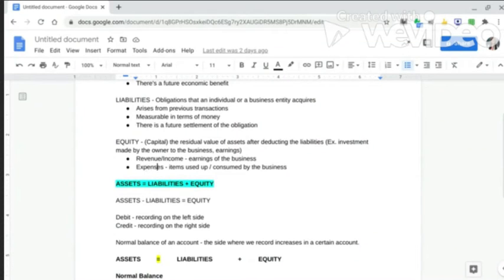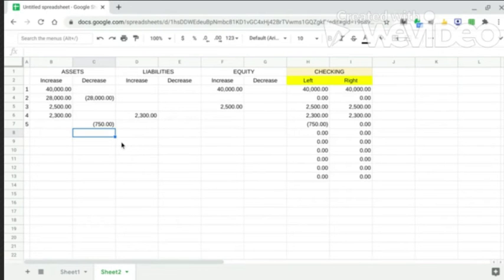And when the business incurs expenses, of course, mababawasan yung kita ni business. Which means, pag may expenses, si equity magdi-decrease. So, lalagay natin siya as decrease in equity. So, minus 750. So, check natin. Parehong negative 750 on the left and on the right side. So, tama tayo dyan. Next number 6.